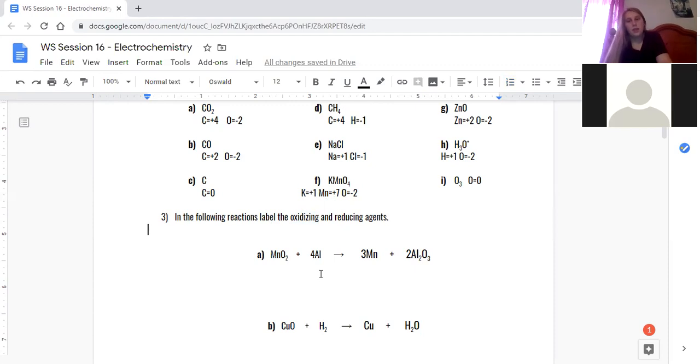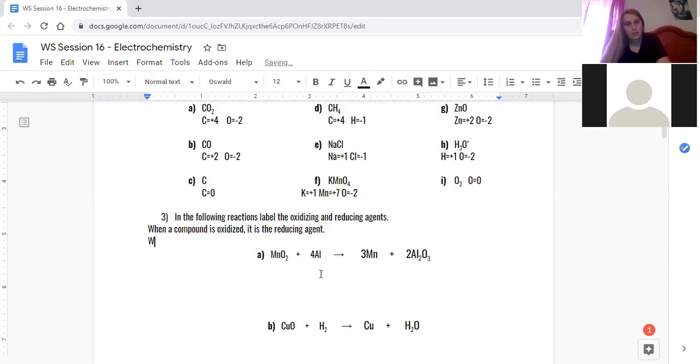So when a compound is oxidized, it's the reducing agent. And you probably already knew that, but just in case you didn't, I'll add that here.